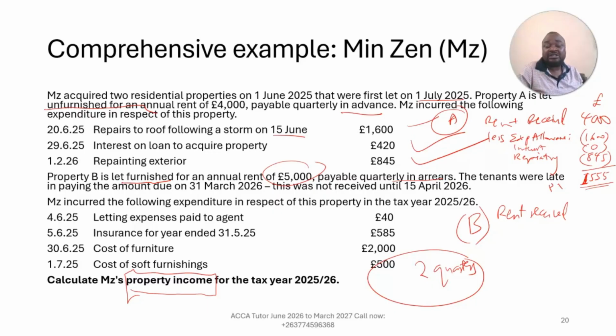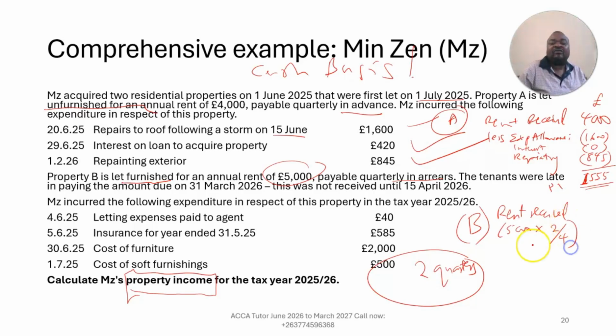All right, because this is a cash basis. So far, we are still on the cash basis. Please bear that in mind. So the rentals here, which we are going to account for, are 5,000 multiplied by 2 over 4.